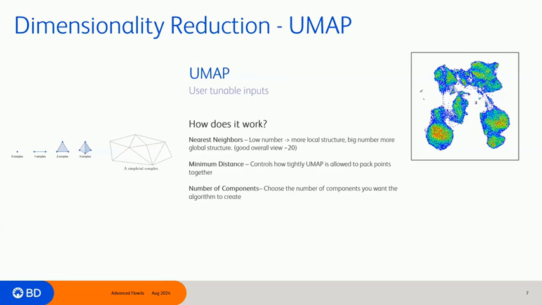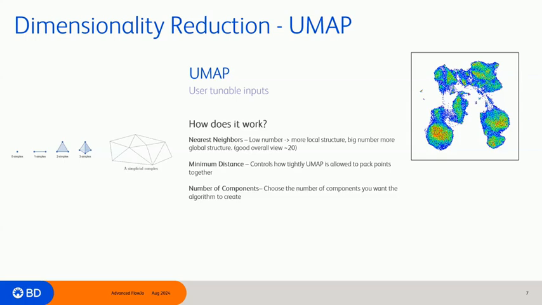This can be useful if you're interested in clustering or in finer topological structure. Large values of minimum distance will prevent UMAP from packing points really tight on top of one another, and will focus on the preservation of the broad topological structure instead.